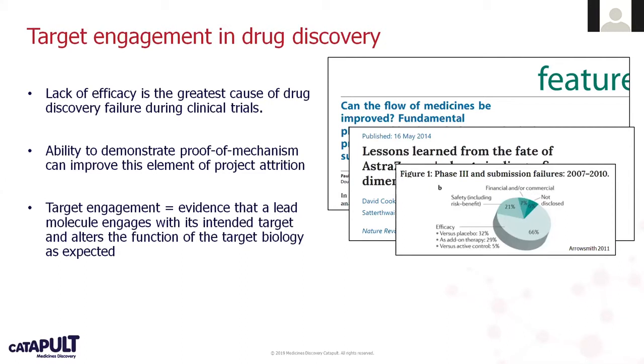We now know from various published studies that lack of efficacy has been the leading cause of drug failure in clinical trials. If you can't show whether your intended target has been modulated by your compound, which is proof of mechanism, how do you know whether that lack of efficacy is due either to the drug not hitting the target, or alternatively, a completely opposite result, that the drug does hit the target, but that target does not modify the disease?